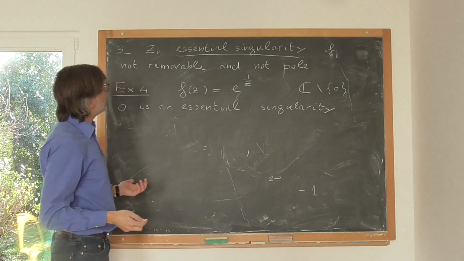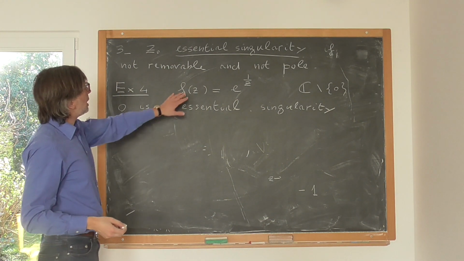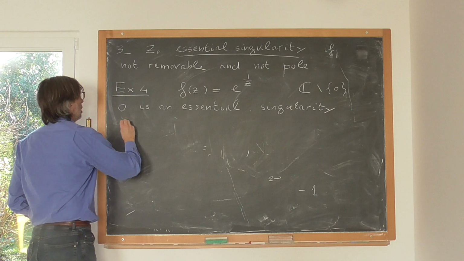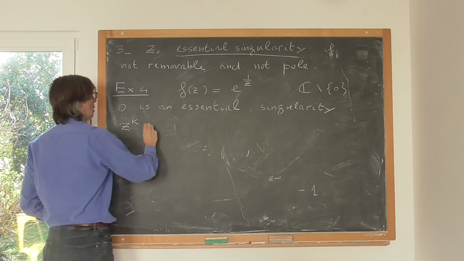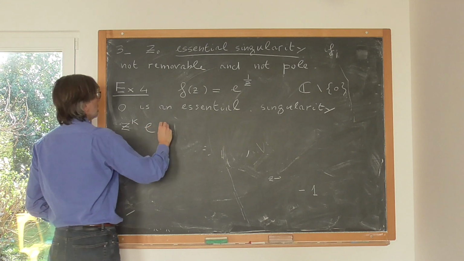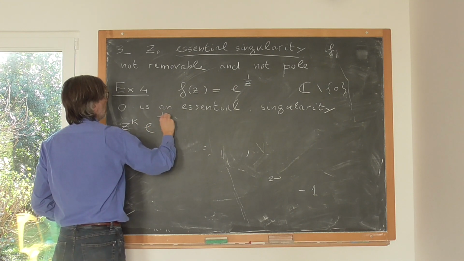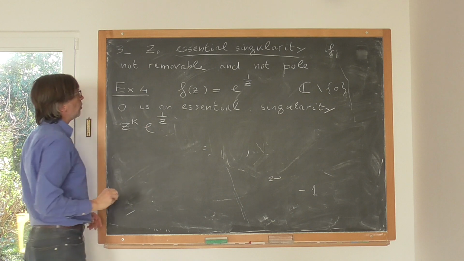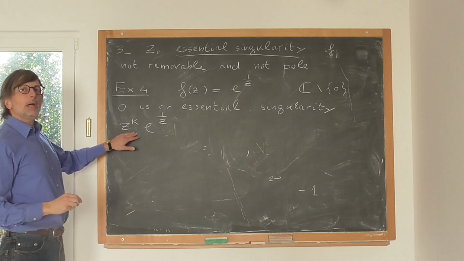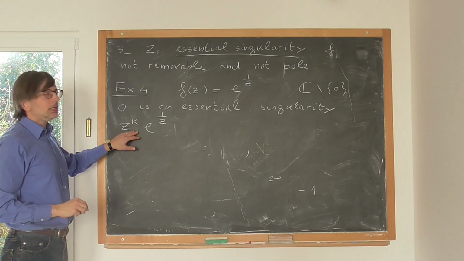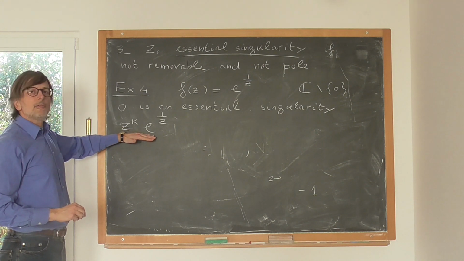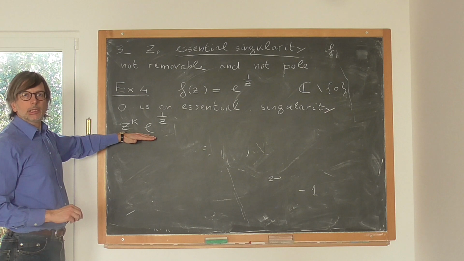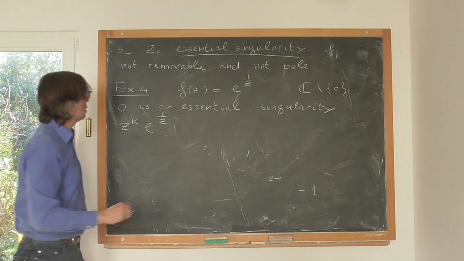So this means that if we multiply this function by z to the power k, so we have z to the power k times exponential of 1 over z, no matter how large k is, even if k is very large, 0 will never be a removable singularity for this function.